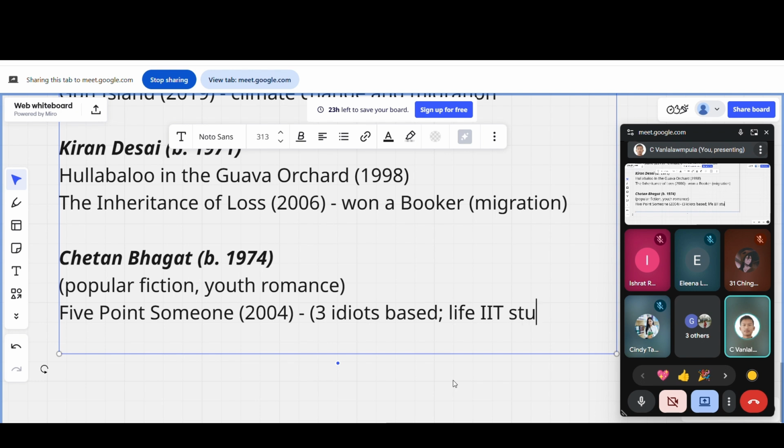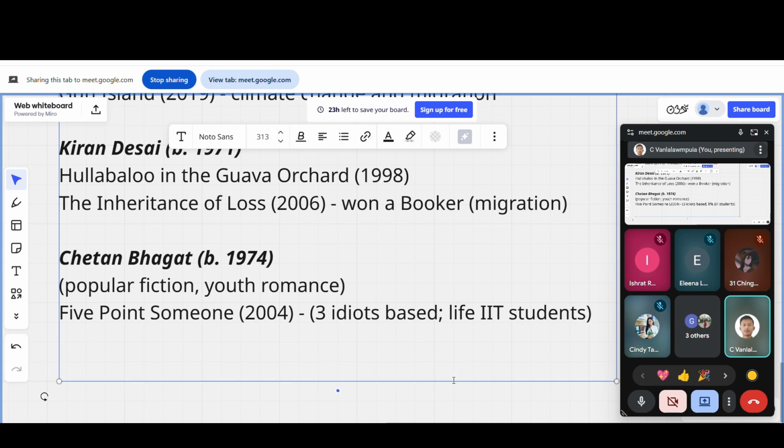So always remember the movie Three Idiots is based on the book Five Point Someone by Chetan Bhagat, and it talks about the life of students at the Indian Institute of Technology. The movie talks about engineering and all, right?